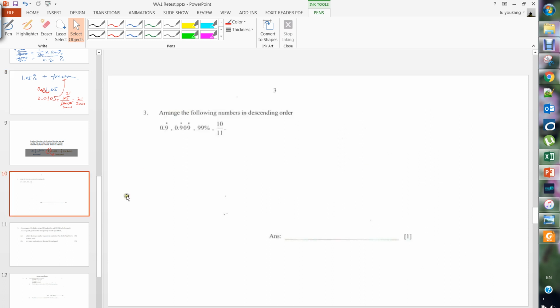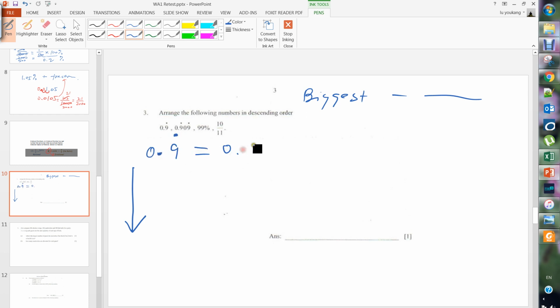Okay, next. Over here, arrange the following numbers in descending order. Descending order means what? It means biggest first and then subsequently. To arrange numbers, the best practice is to arrange them in a vertical order, so that you can compare them one by one. So first I start with this. The dot on top means you just repeat the 9 all the way.